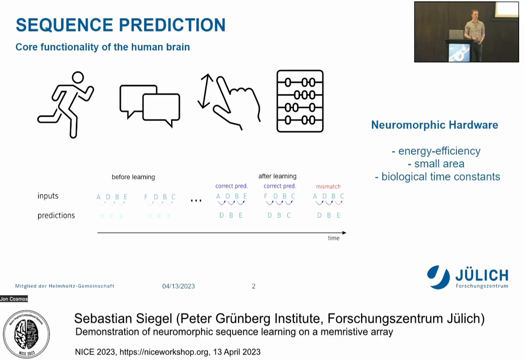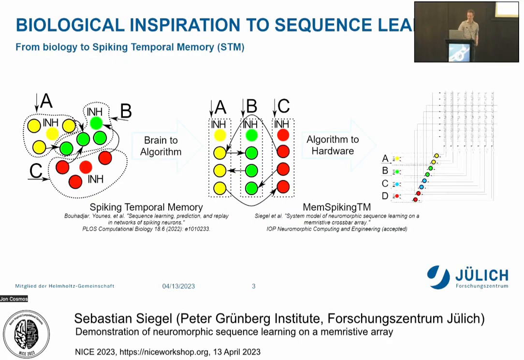Therefore, we design a neuromorphic hardware to get energy efficiency, small silicon footprint, and biological time constants. To do so, a colleague of mine took the very famous hierarchical temporal memory algorithm, or at least the temporal part of it, and implemented it with spiking neurons and biological synapses. He coined this the spiking temporal memory.